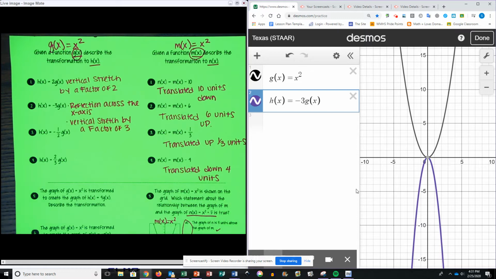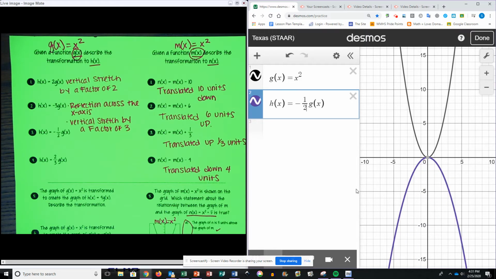All right, so now looking down at number 3, this is a little bit different. We're given a fraction. So if I type in negative 1/2, okay, notice that my parabola is a little wider now. That purple parabola is a little wider than our parent function, and it's also still reflected.